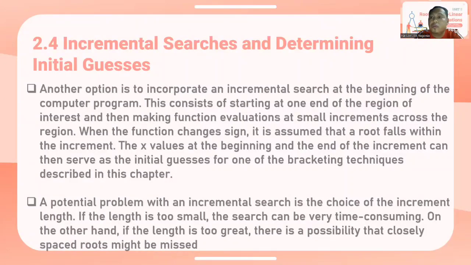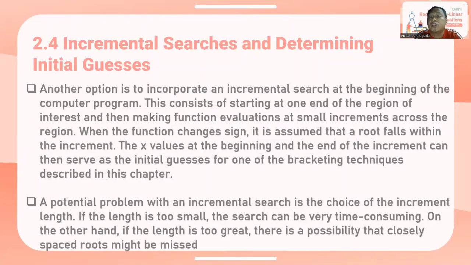Now, section 4, which is the incremental searches and determining initial guesses. Another option is to incorporate an incremental search at the beginning of the computer program. This consists of starting at one end of the region of interest and then making function evaluations at small increments across the region.